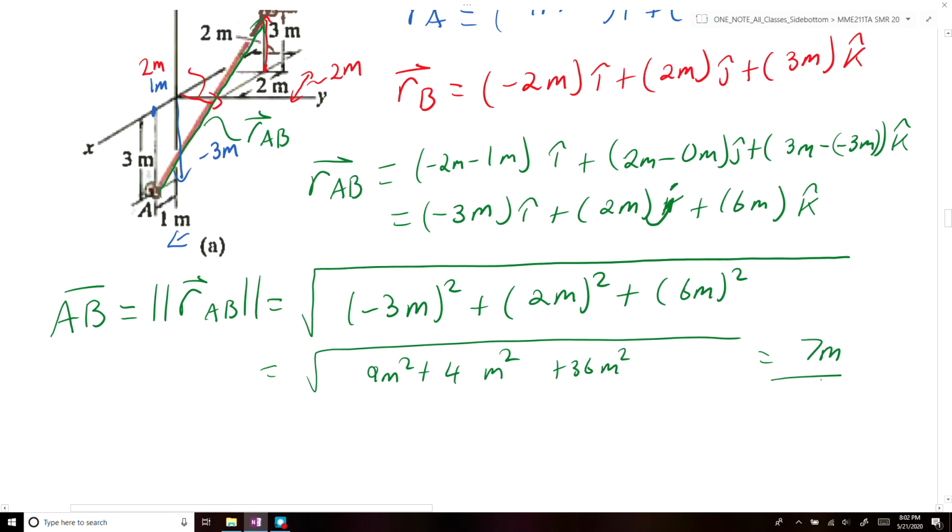And then the second thing we were asked to find is the direction of the position vector from point A to point B. So the unit vector UAB is going to be equal to the vector RAB divided by its magnitude, and its magnitude is just the same thing as its length.